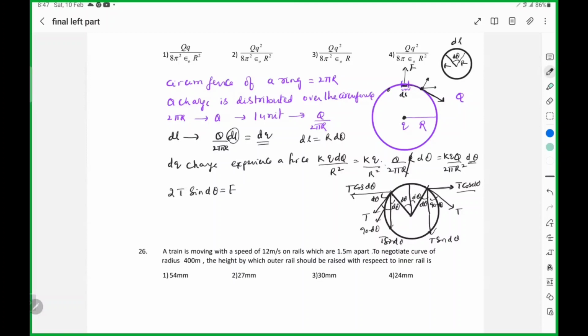But this is for a small length we have taken. So d theta corresponds to a small length, d theta is also small. Then sin d theta becomes d theta. Then 2T d theta is F, which is kqQ by 2 pi r square d theta.